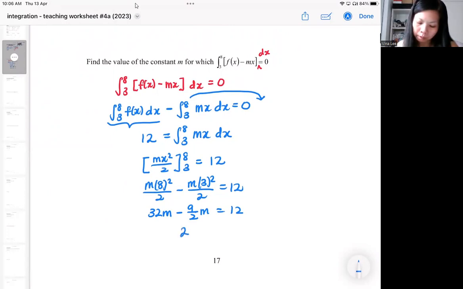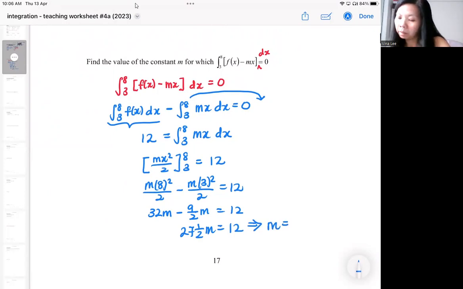So you will get 27.5m equal to 12. So your m will be 12 divided by 27.5.